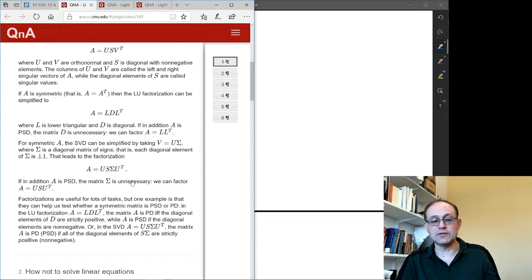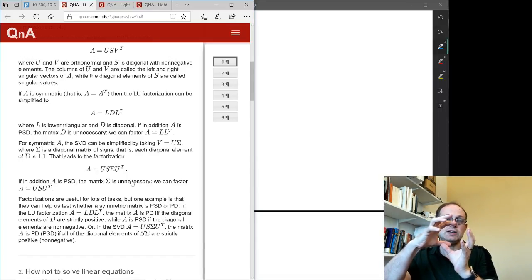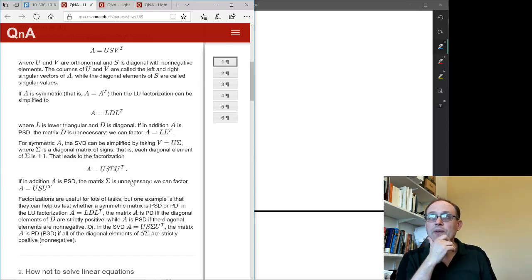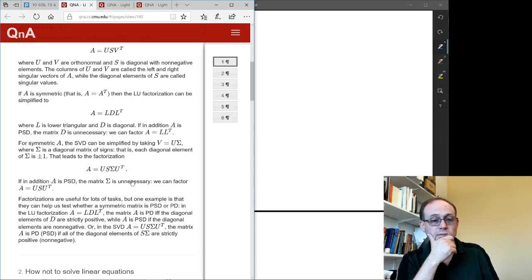What we're saying here is that for a symmetric matrix, we can always represent it as: do some set of rotations and flips, scale or flip the coordinate axes, and then rotate back. Another way of saying it is that if you choose the right basis, then any linear operator can be made diagonal, so that it only stretches or squishes independently on all of the coordinate axes. So I hope that's a helpful set of intuitions about SVD.